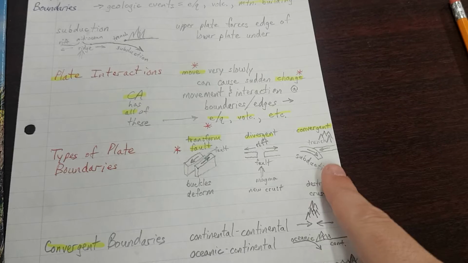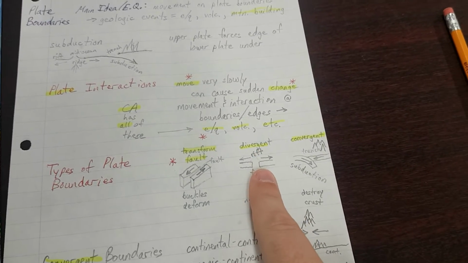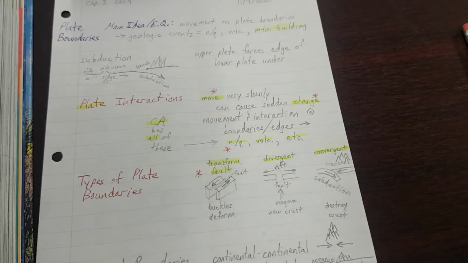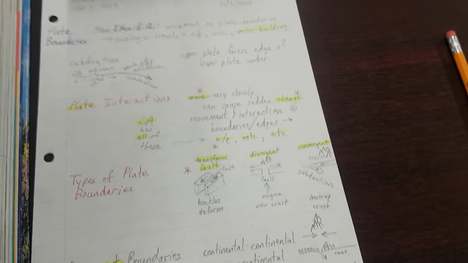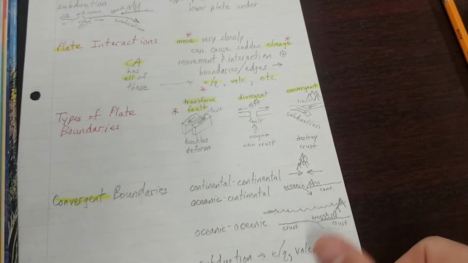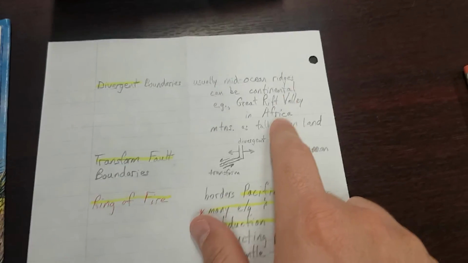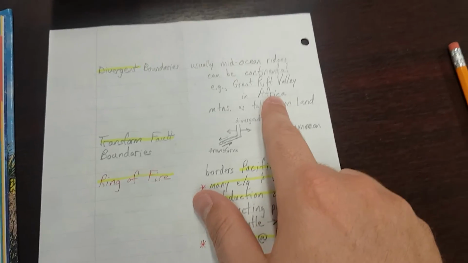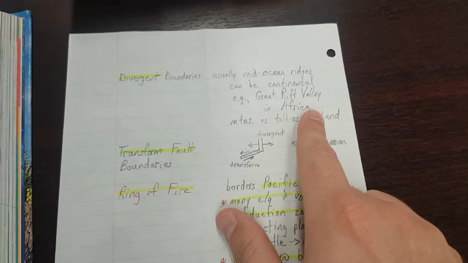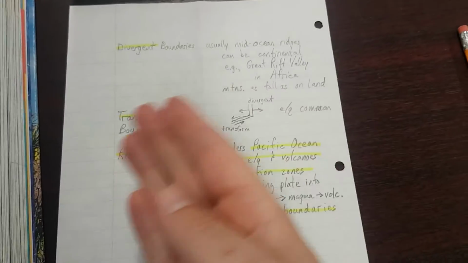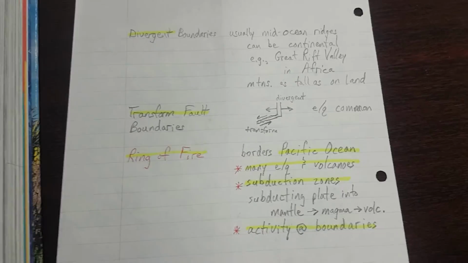For example, the Mariana Trench. Or maybe you've seen something about the Hawaiian Islands and how they form. Let's see, what else might we know? Ooh, the Great Rift Valley in Africa. Maybe you've seen a documentary about the kind of animals that live there, or how people survive when the earth is splitting open on a continent.